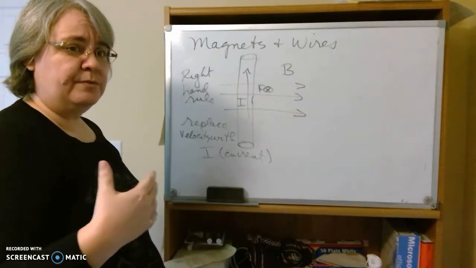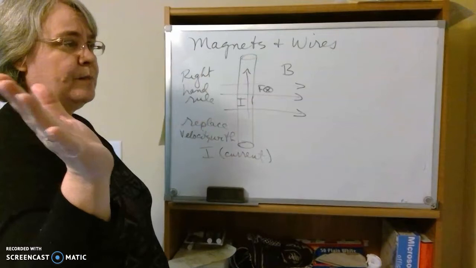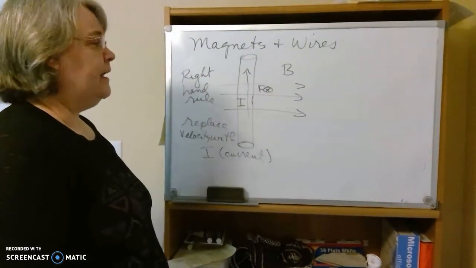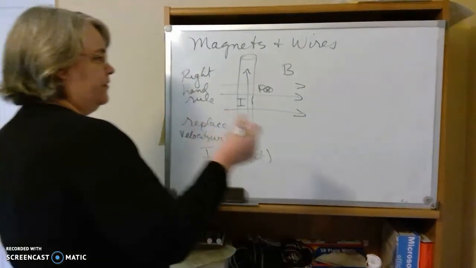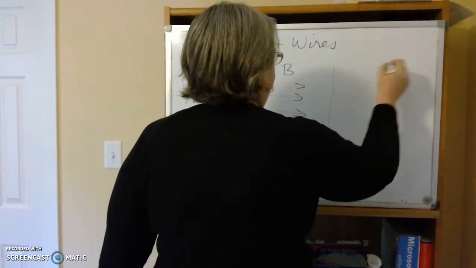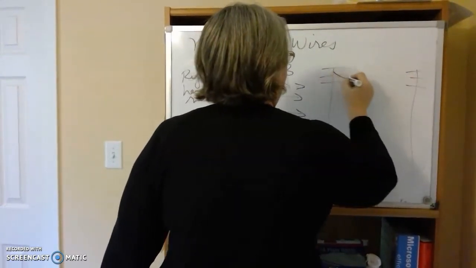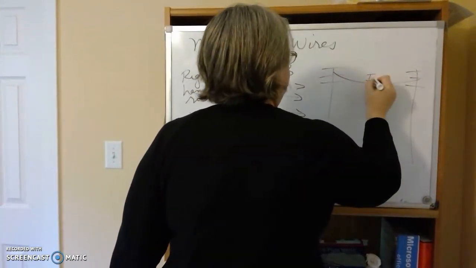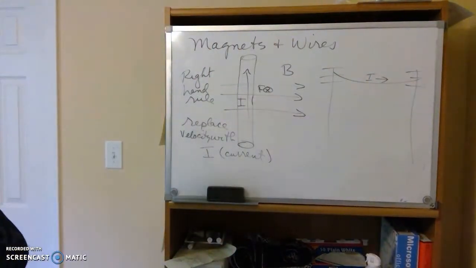Because there are magnetic field lines passing through. So for example, I've got power lines and I have a wire and I have current going in this direction.